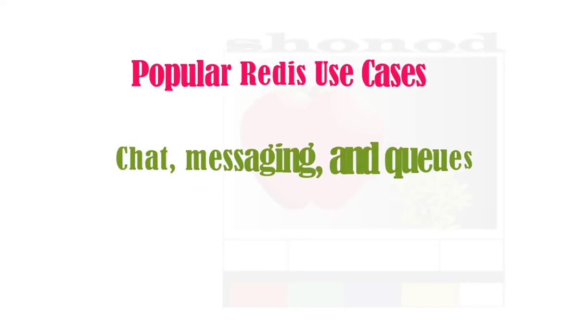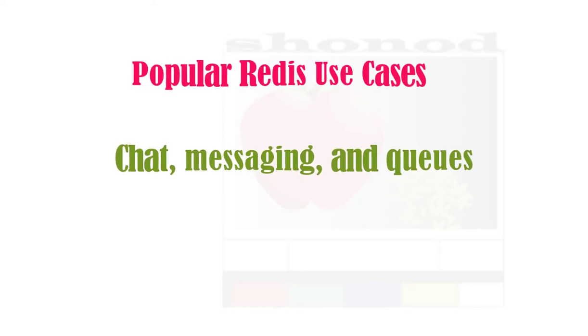Another use case is chat, messaging, and queues. Redis supports pub/sub with pattern matching and a variety of data structures such as lists, sorted sets, and hashes. This allows Redis to support high performance chat rooms, real-time comment streams, social media feeds, and server intercommunication.